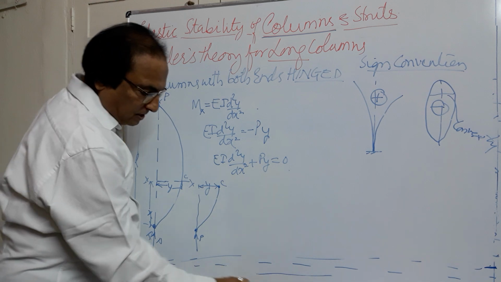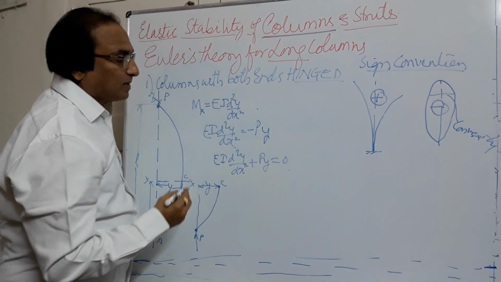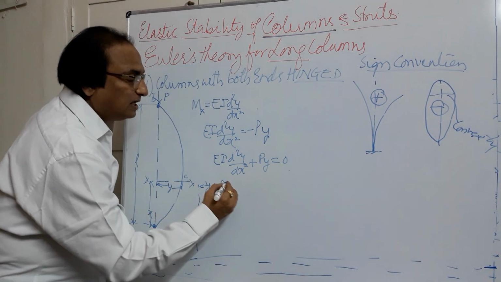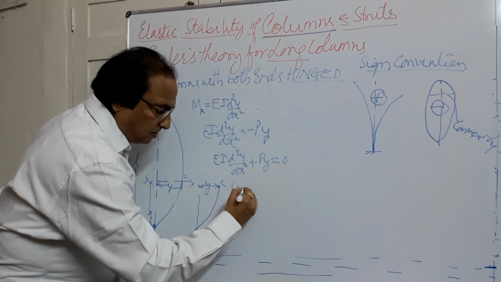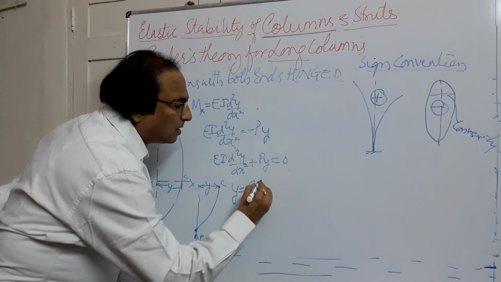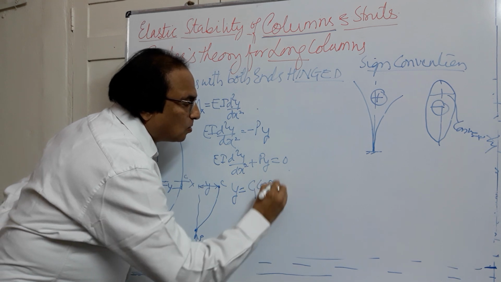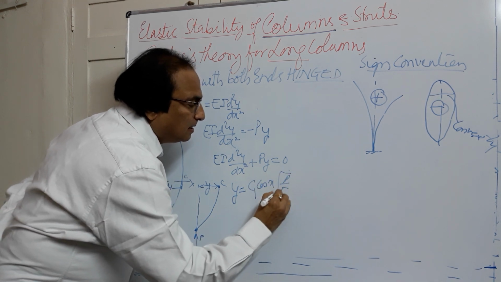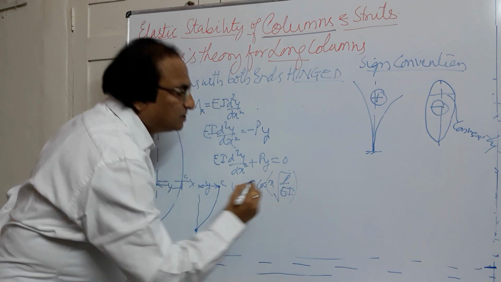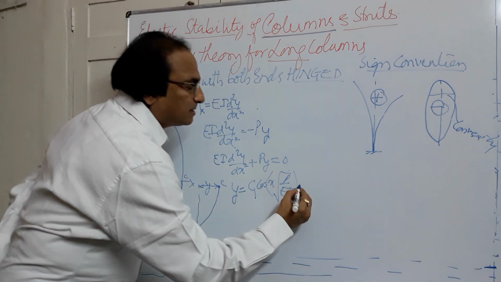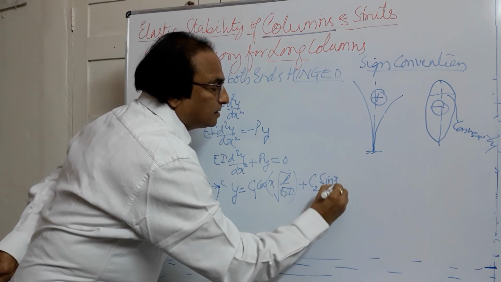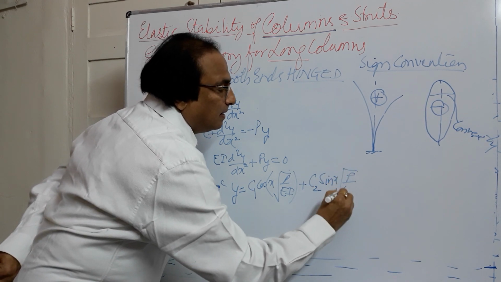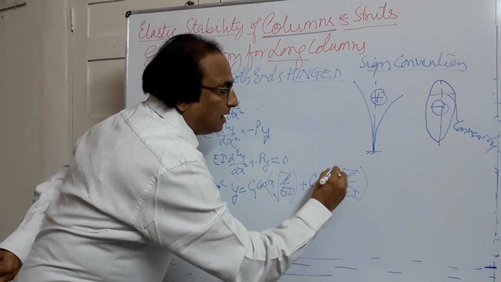So this is the equation we get, and the solution of the differential equation is y equal to c1 cos x root of P by EI plus c2 sin x root of P by EI.